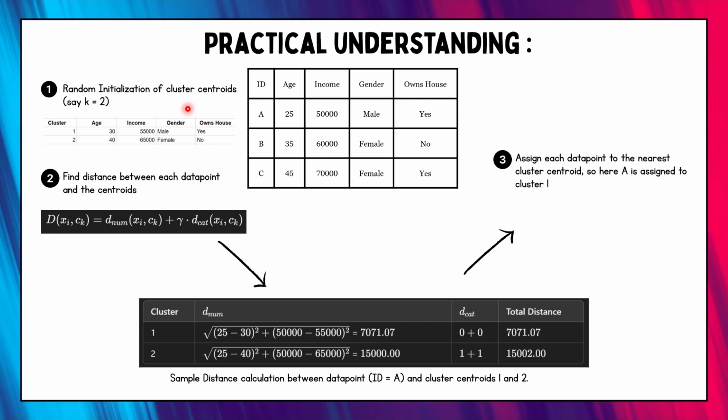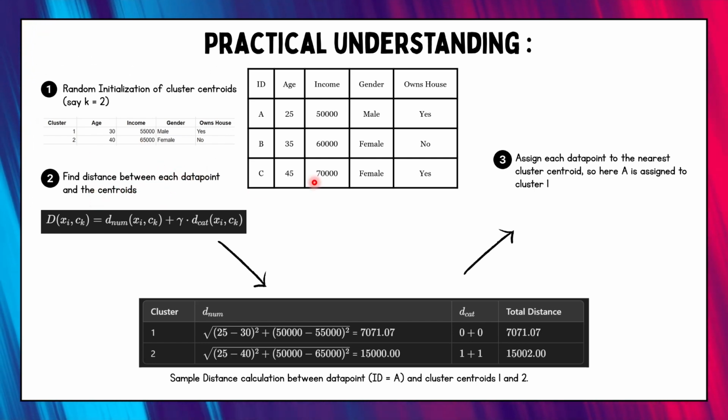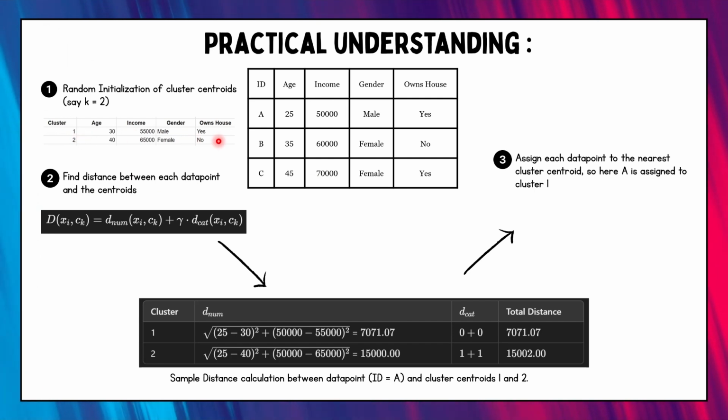Then, second step, we find the distance between each data point and the centroids. So these are the 2 centroids. We will find the distance between each centroid and each data point. For example, we find the distance between the first row and both of these centroids. I'm calling it row A because A is the unique identifier over here.